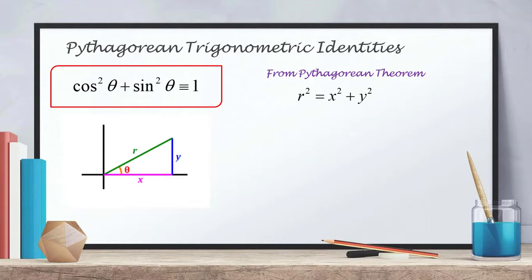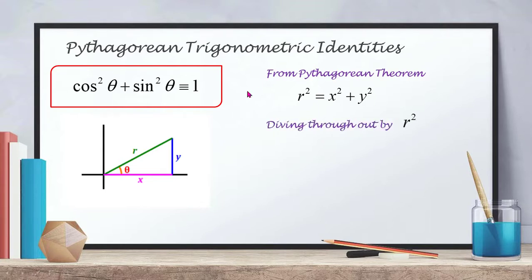Okay, so if we have a right-angled triangle which has got its hypotenuse equal to r, its adjacent x, and its opposite y, then using the Pythagoras theorem we would write this as r squared, which is the hypotenuse squared, being equal to x squared plus y squared.